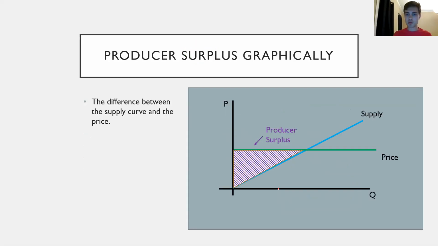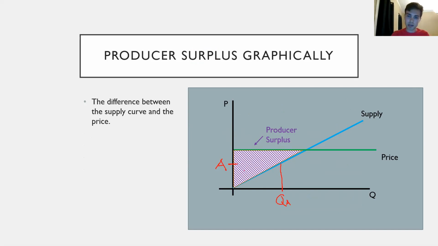Okay, so now again, we're going to take it to a broader thought process here. We should think about what the supply curve is telling us. The supply curve tells us at a given price, let's call it price A, what quantity we're willing to supply at that price. So at the price of A, we're willing to supply QA amount of whatever good this market is for, right?